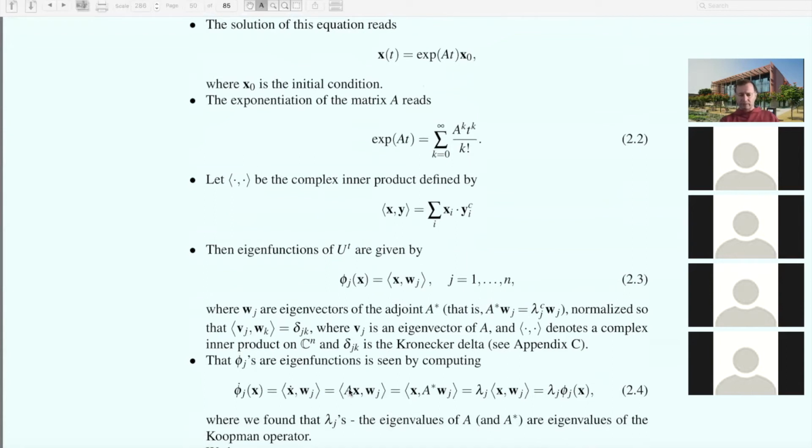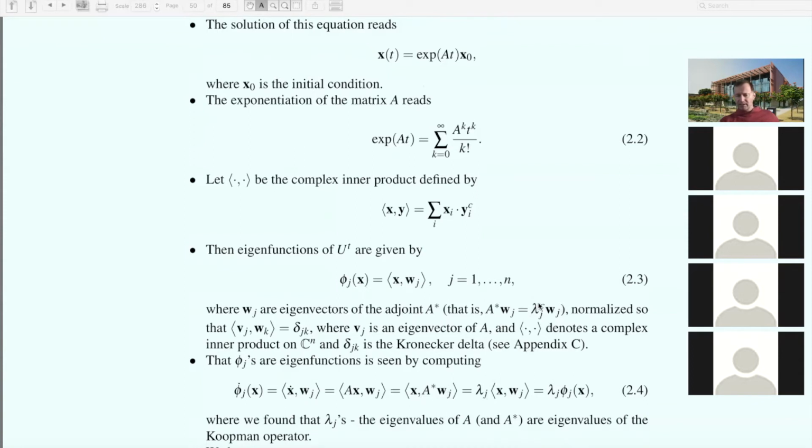The adjoint, of course, just takes A to the other side, denoted by this star over here. So we have the inner product between x and A star W_j, which, by this equation here, is just lambda_j^c W_j. So I would have to put lambda_j^c W_j over here.